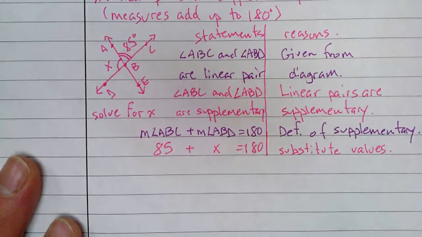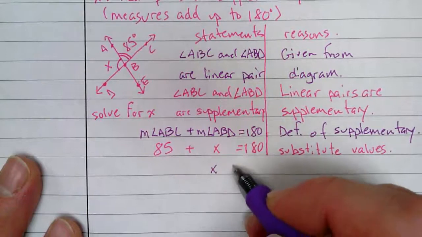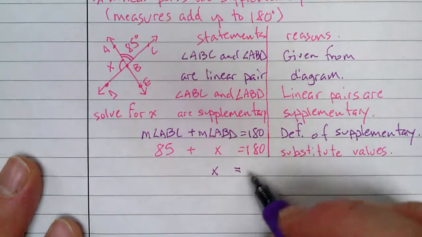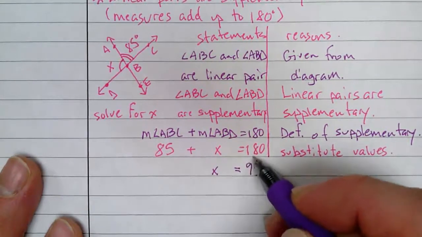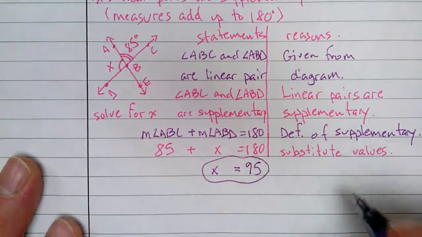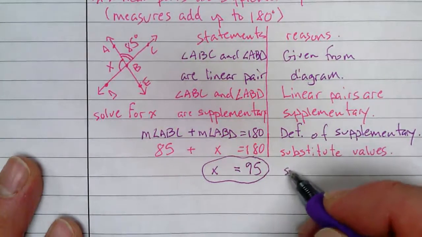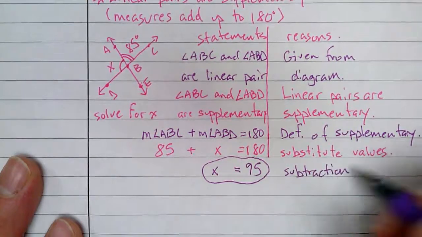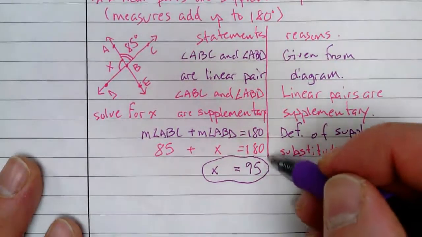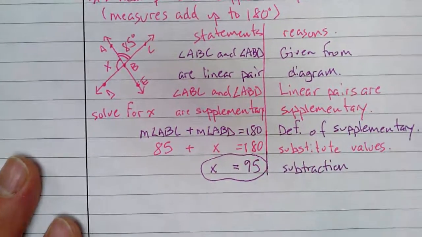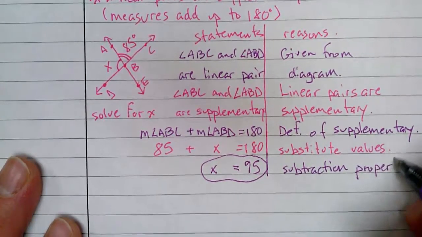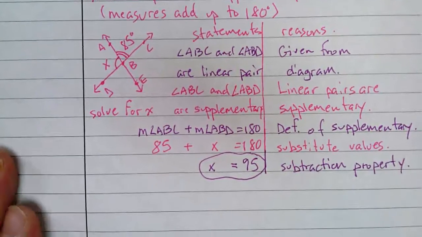Next, we subtract 85 from both sides. We end up with x equals 95. All we did was subtract from both sides, and that's the subtraction property that you should recall from algebra.